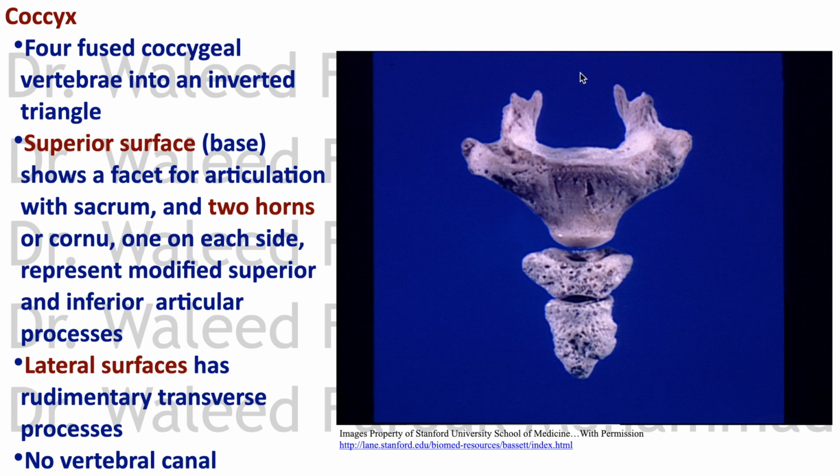The canal ended at the hiatus. Okay, so remember this. There is no vertebral canal in the coccyx. Of course, the joints between the vertebrae are of the symphysis type, and they get ossified with age.